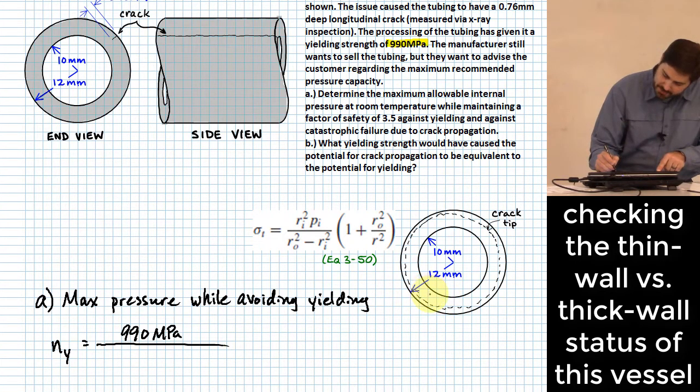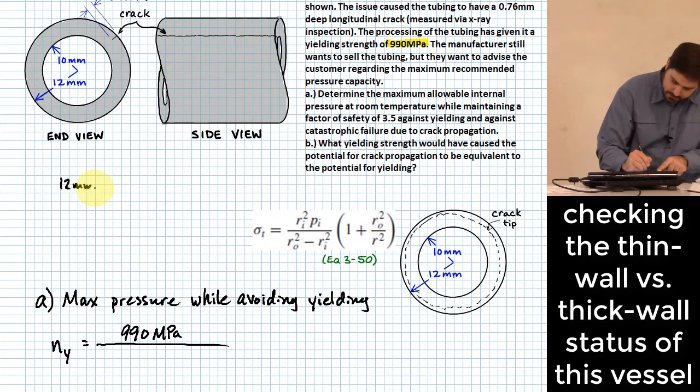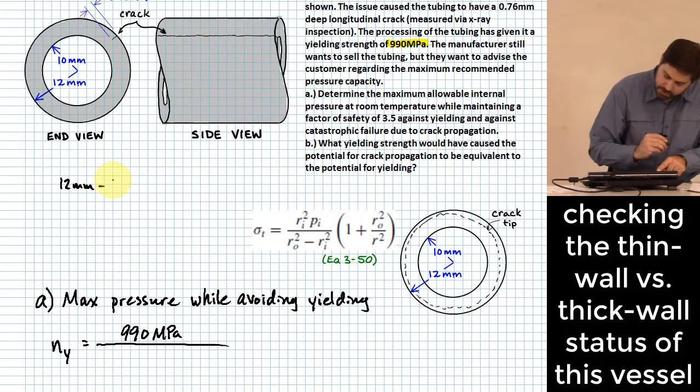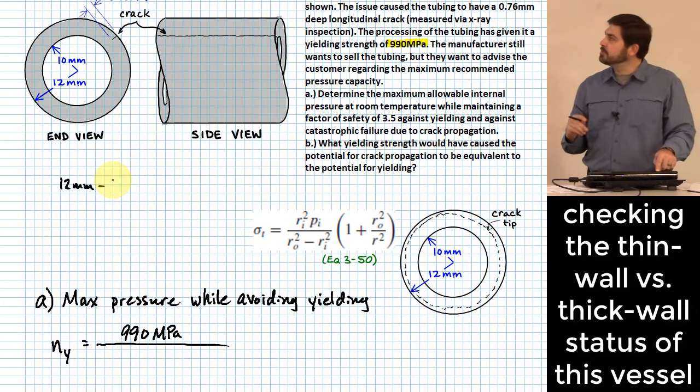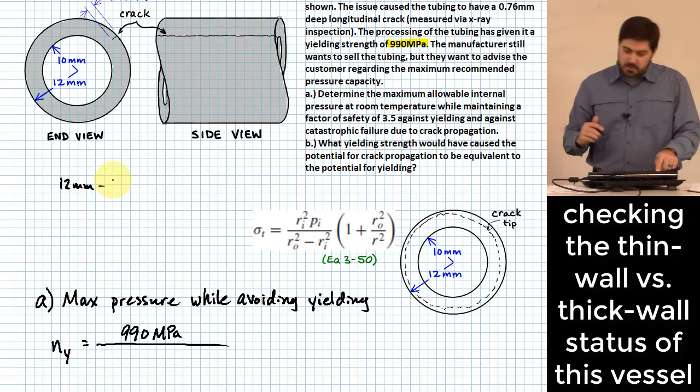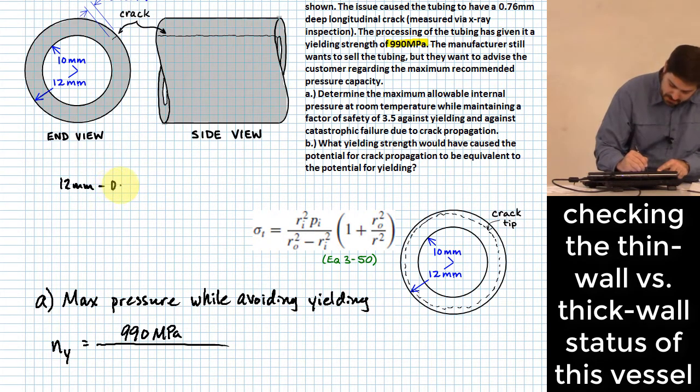What's the wall thickness? Okay, 12 millimeters minus 10 millimeters. Okay, or should I use 12 millimeters? Okay, yeah, so 12 millimeters minus 0.76 millimeters, okay?